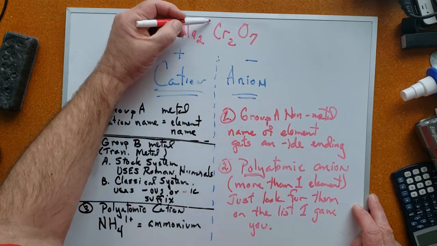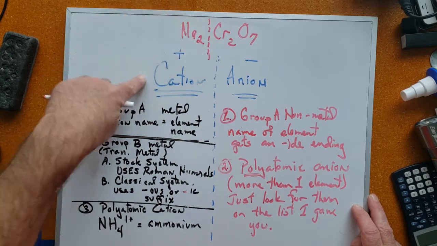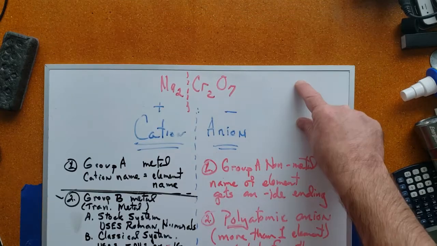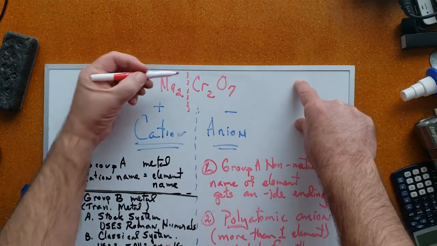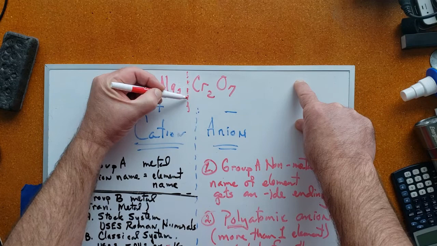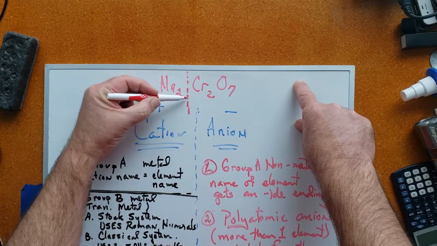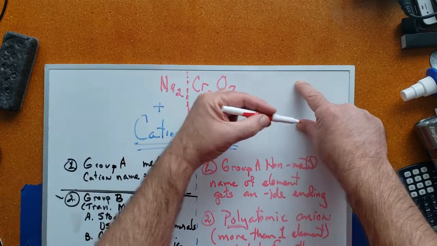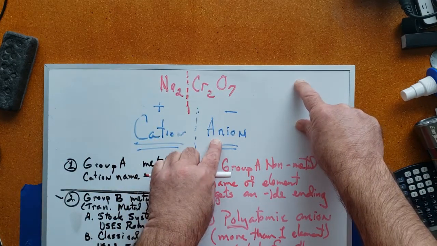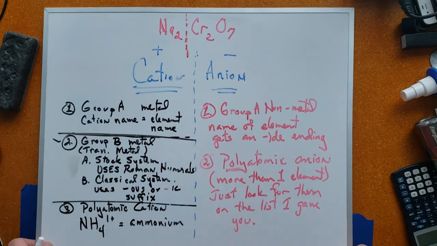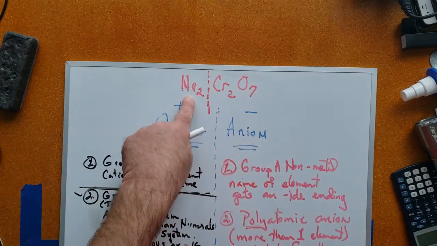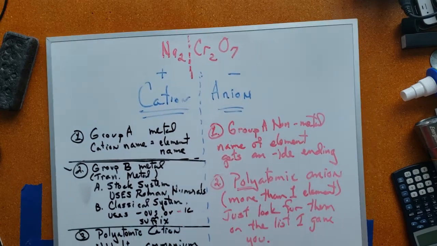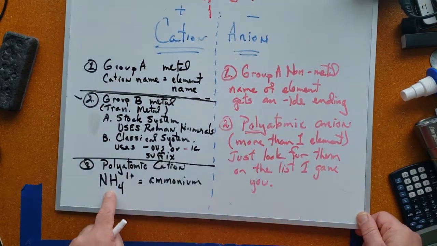So that means that this must be my metal portion, my cation portion of the compound, and everything else is the anion half. 99 times out of 100, if you separate this formula into 2 halves, where the first half contains just the single element, then the rest of it is going to be the anion. The only time that we have to concern ourselves with something more than one element as being the cation is when that cation is specifically NH4.